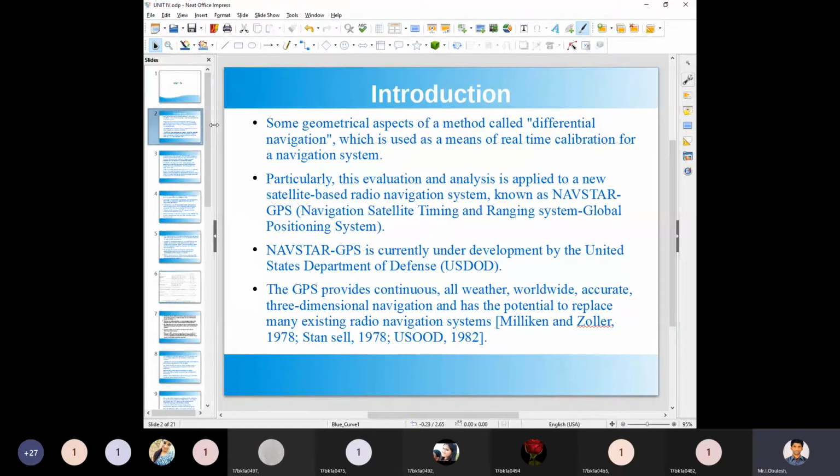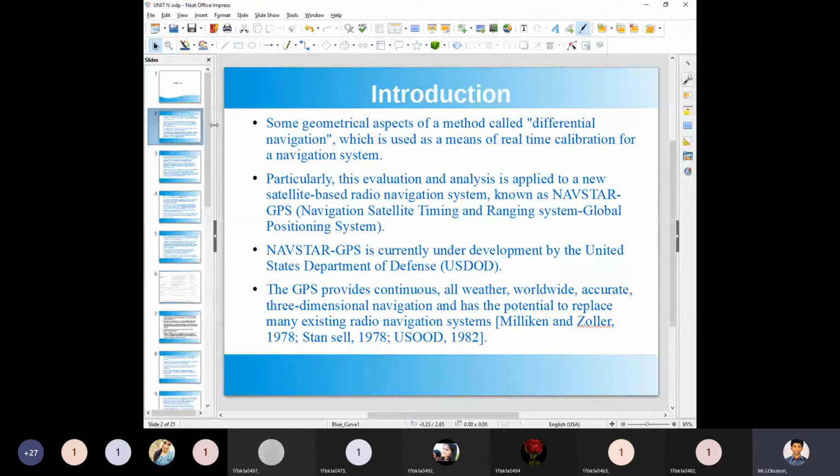So NavStar GPS is nothing but the navigation, satellite, timing and ranging system, the Global Positioning System.